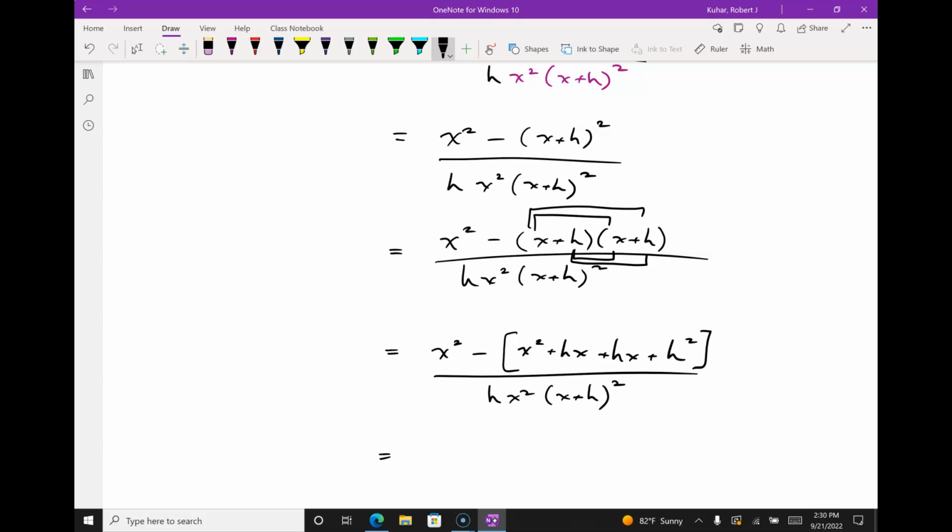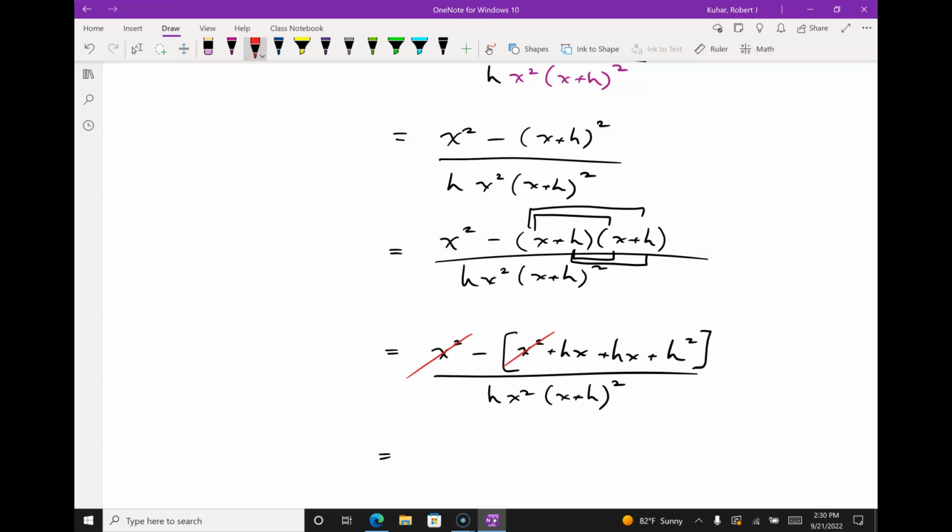How are we doing? I'm going to distribute that negative, right? But what's going to cancel? Do you see it? What's going to cancel here? Yeah, the x squareds.